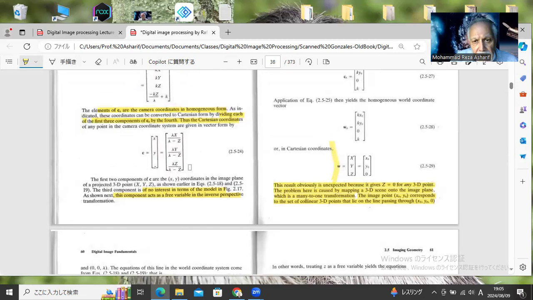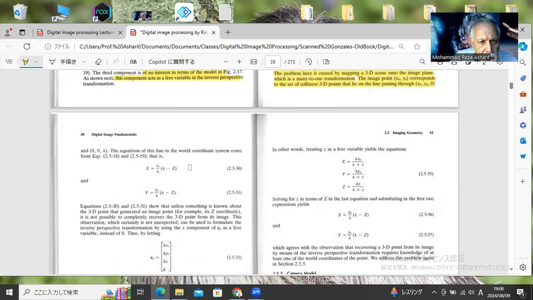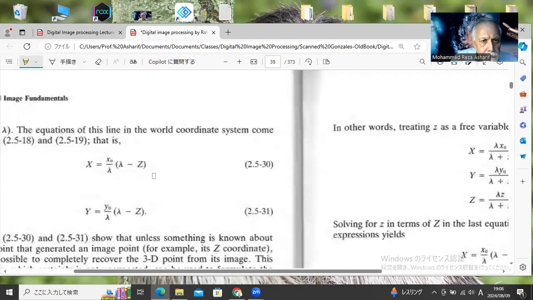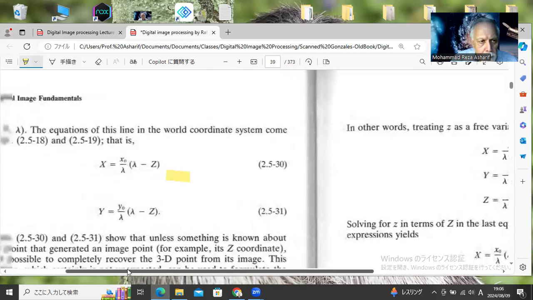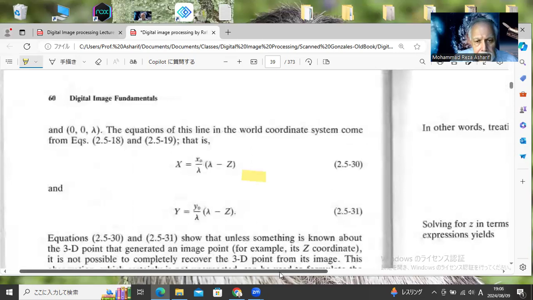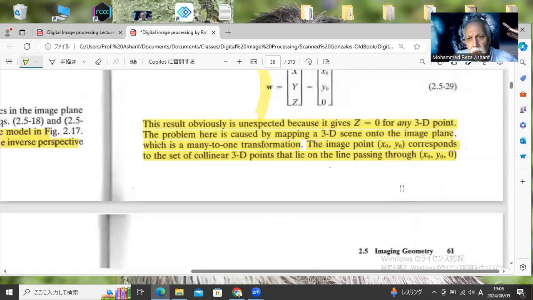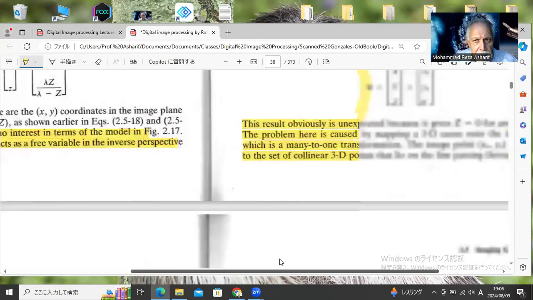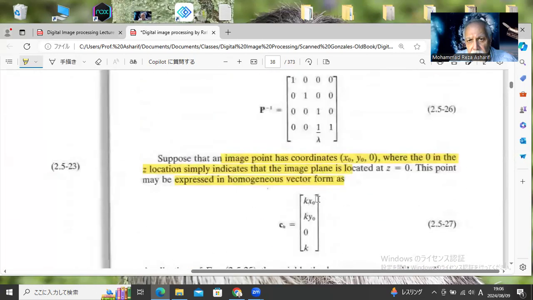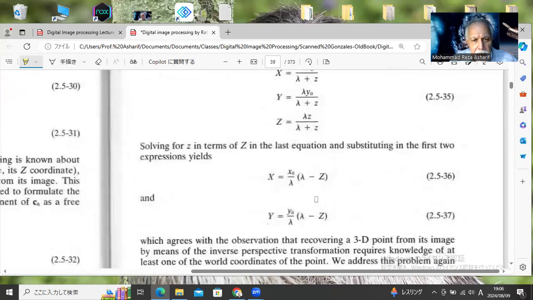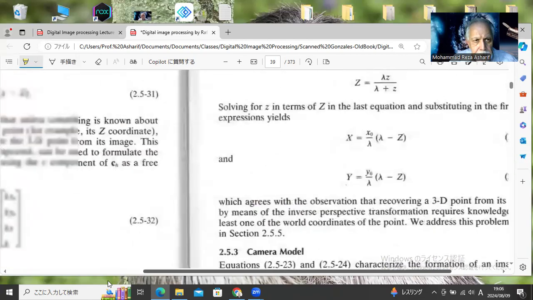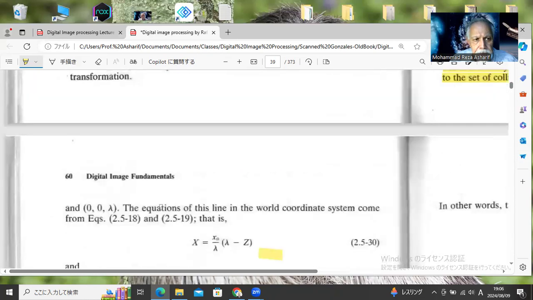So here we can say that, here is page 59, 56 is here. Okay, sorry. Yeah.